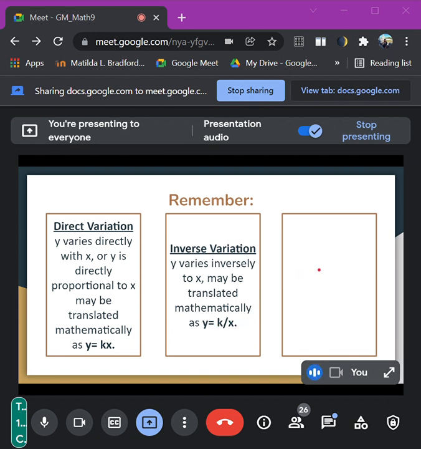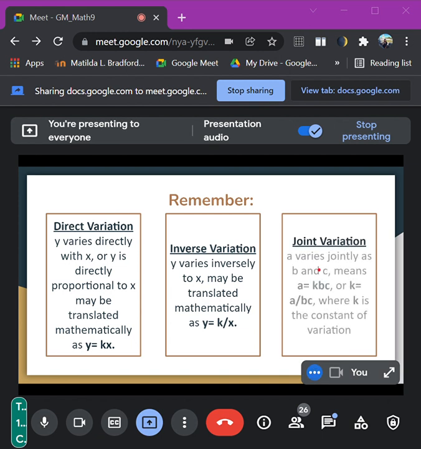Now, for our joint variation, we have here A varies jointly as B and C, means A is equals to the constant times B times C. Or, if we're going to get the constant, that is K is equals to A over B times C, where K is the constant of variation.